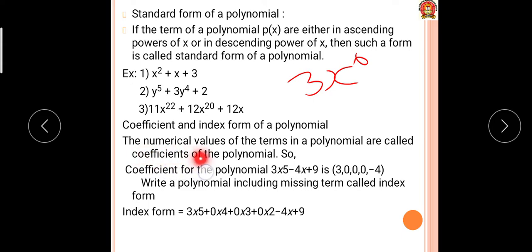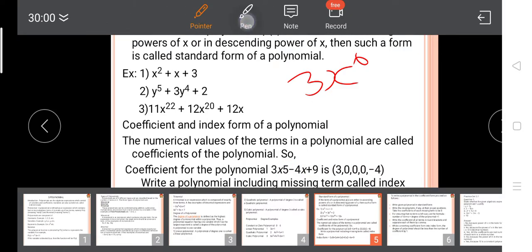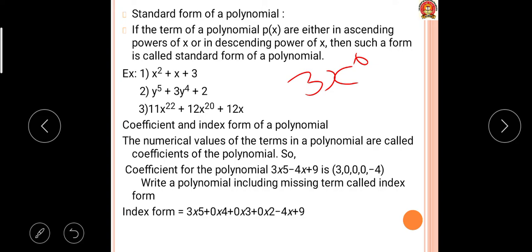So in the coefficient form, what do we have to write? In the coefficient form of a polynomial, if the polynomial is 3x raised to the power of 5 minus 4x plus 9, how to write this? That is the question. Now see, 3x raised to the power 5.